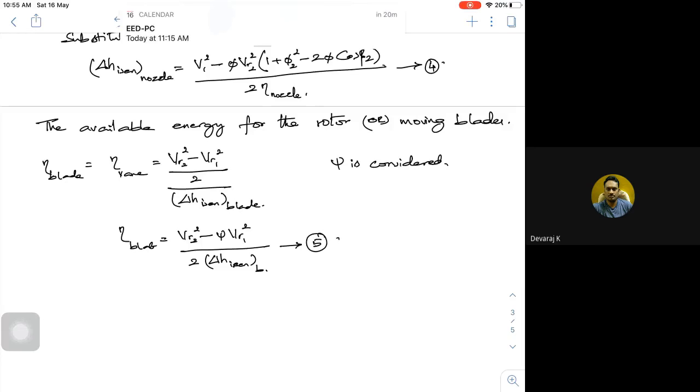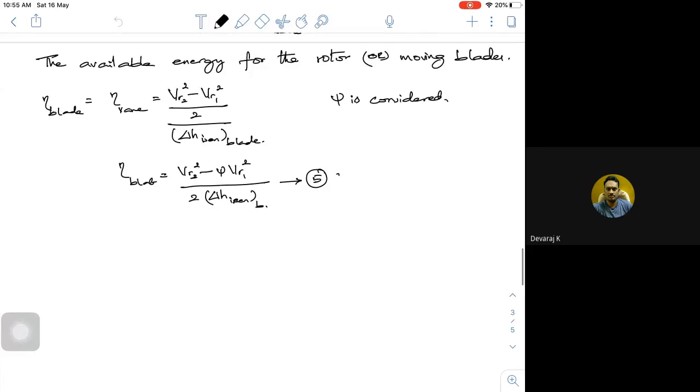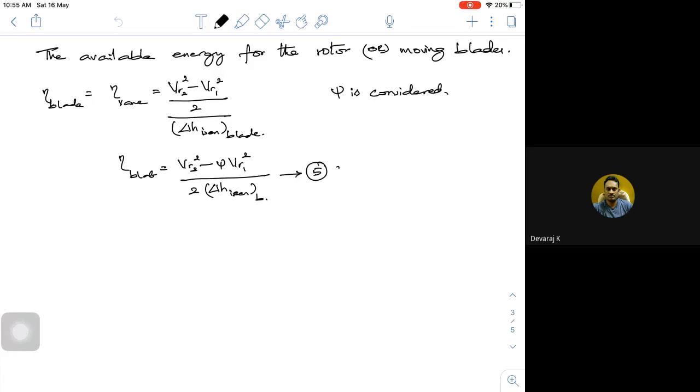Let us go back to the same velocity triangle and apply the cosine rule.